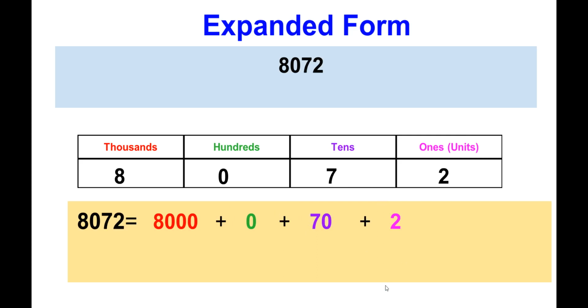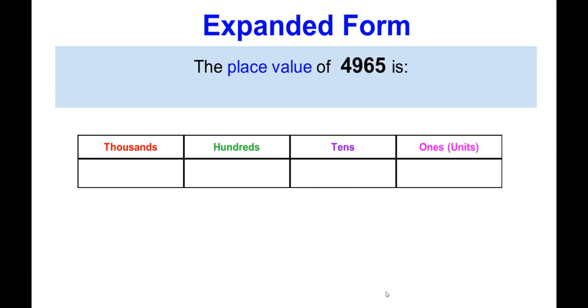Let's take a look at another example. Let's find the expanded form of 4,965. Again, let's first find the place value of each digit. So, ones, how many ones do I have? 5. How many tens do I have? 6. How many hundreds? 9.